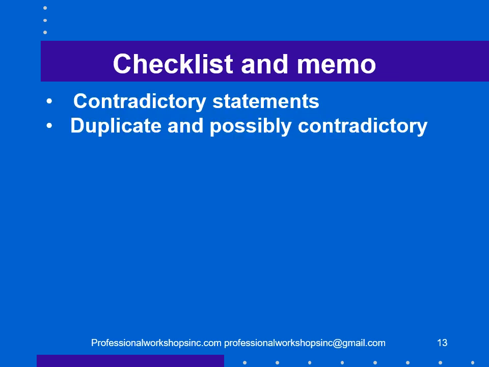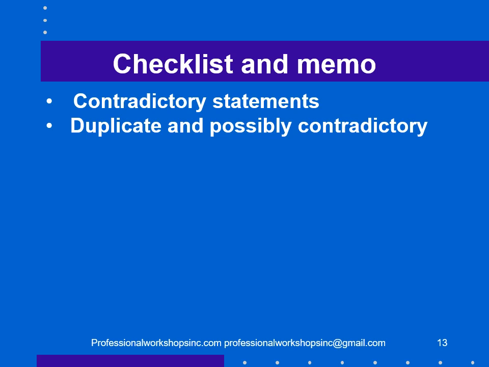So as we're thinking about this and thinking about having checklists or memos, one of the things I worry about with a checklist and a memo is you will contradict yourself. So if you have a checklist to prompt yourself to do things, and then you decide to take additional time to write a memo, you've got to be very careful that you don't contradict, in the memo, what you said on the checklist. The other thing is you've got to remember, for instance, you've got to document who did it and the date they did it.